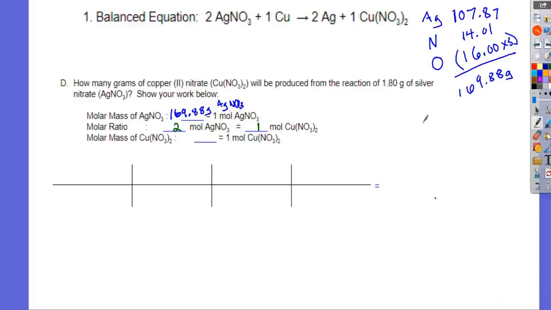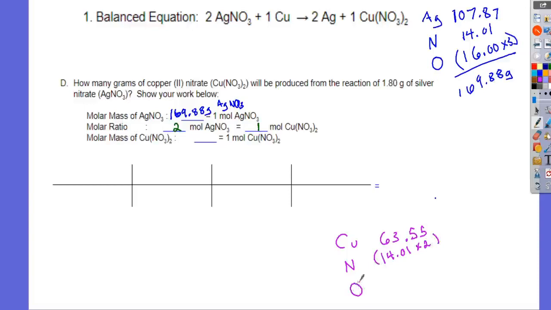So I'm going to add together the masses. Copper has a mass of 63.55 grams. My nitrogen has a mass of 14.01, but there's a 2 outside that parentheses, so times 2.